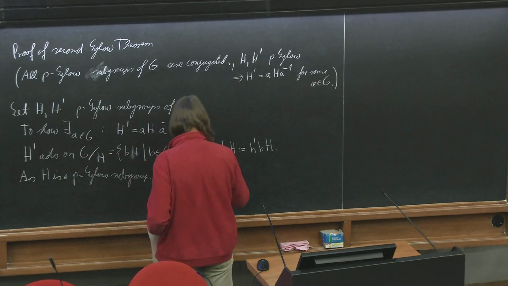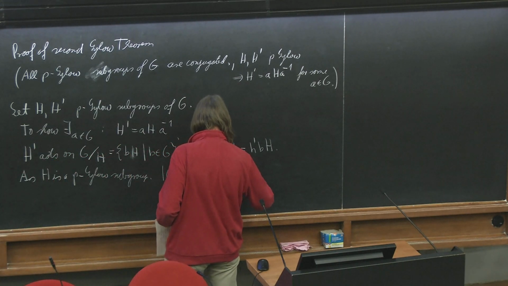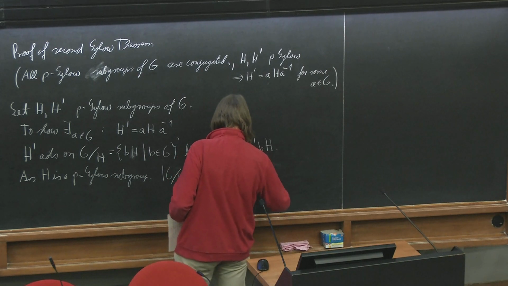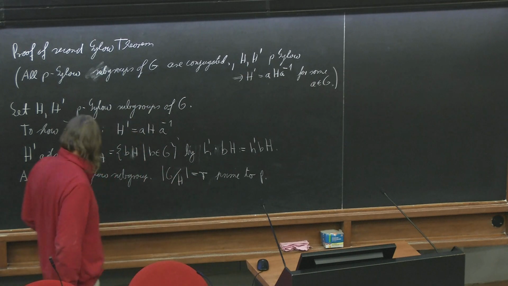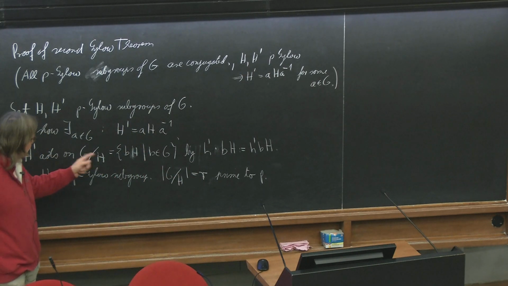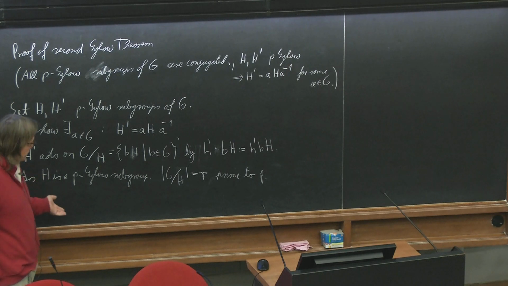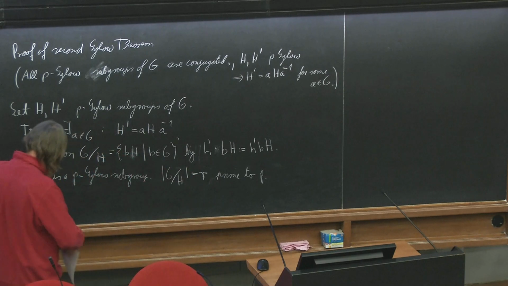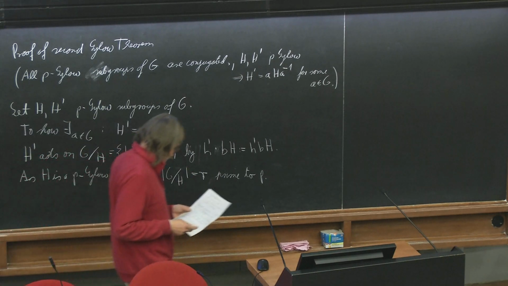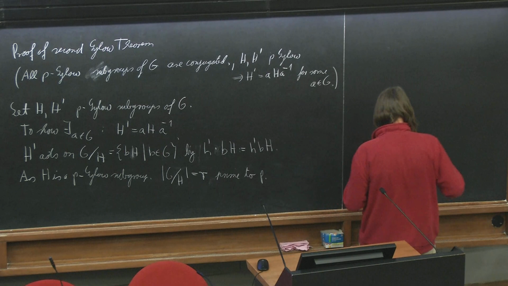Okay, maybe I remember that because that plays a role. And obviously that is what we want here. So R is prime to p. So if we now decompose G mod H into orbits under the H prime action, there will be at least one orbit whose number of elements is prime to p. So let me write this down.